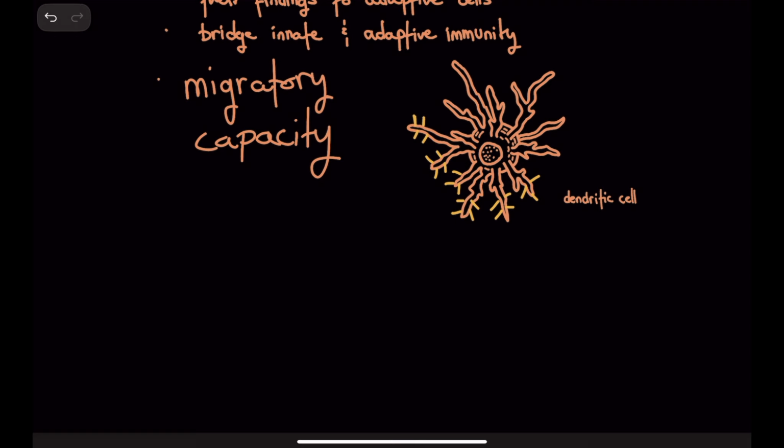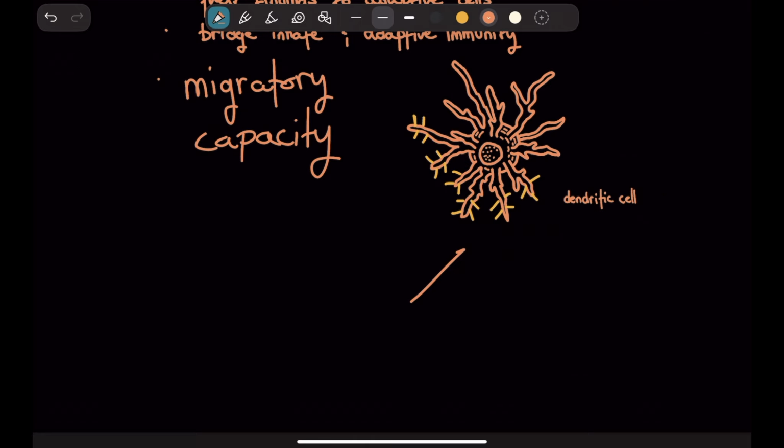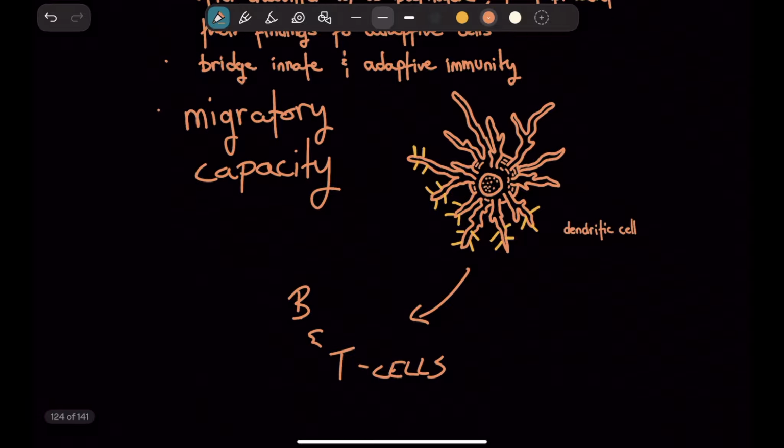And that dendritic cell will go to the B and T cells and say, "Hey, do you know what this is? Do you know what I have on my surface? And do you know how to deal with it properly? Because I'm just innate. I don't have the credentials, but a B or T cell does." So let me put that in non-transient ink. There we go, that's better.